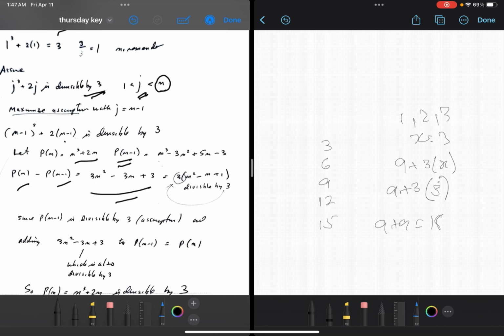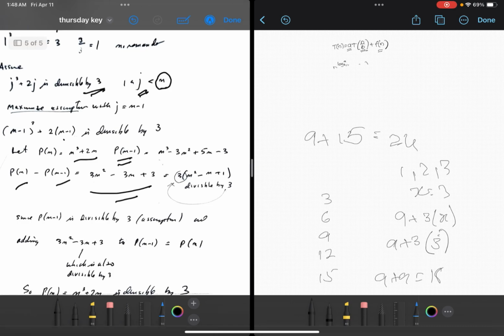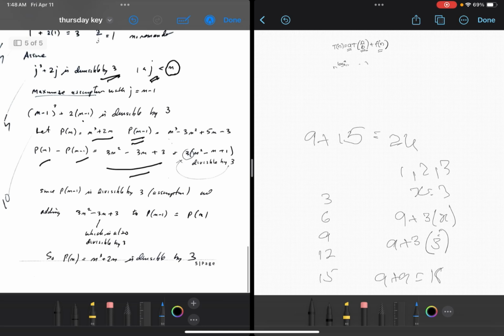So if you add a multiple of 3 with another multiple of 3, whether it be 9 or 15 or anything, you just know that it is going to get you another multiple of 3. So let's look at this.